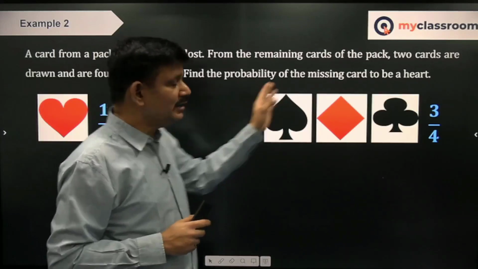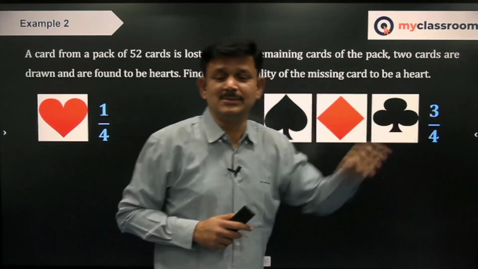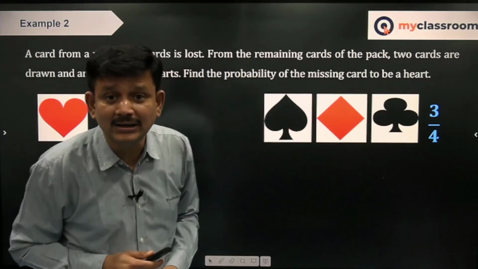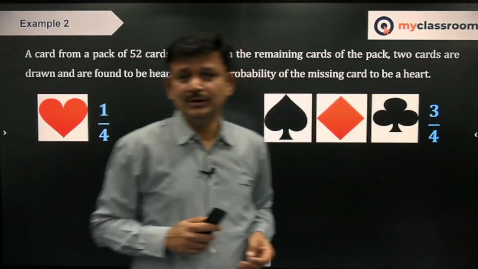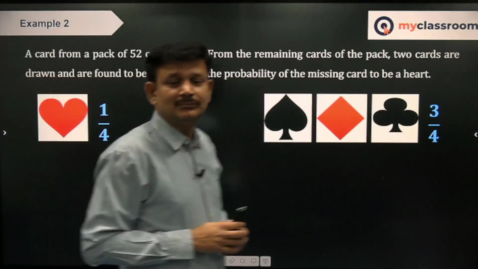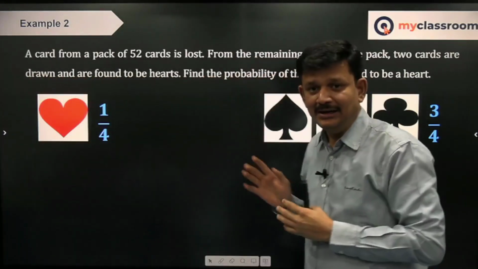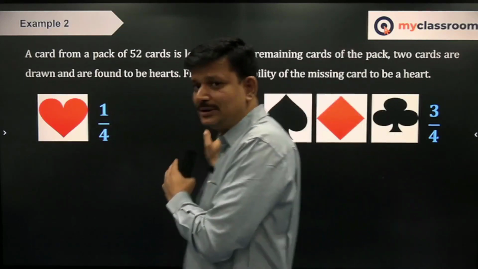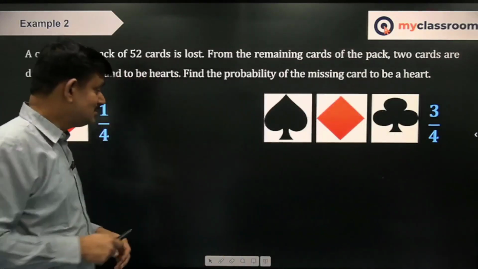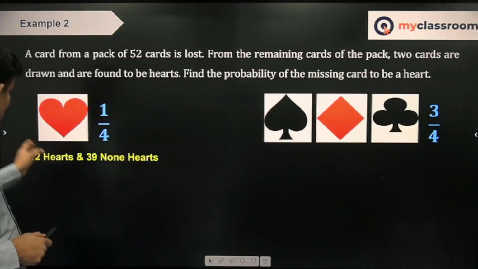And what are the non-heart cards? There are 3: spades, diamonds and clubs. And what is the probability that the missing card is not a heart? It is 3 out of 4. So when you are drawing 2 cards and finding them to be hearts, it can happen in either of these 2 cases, either when the missing card is a heart or when the missing card is a non-heart.